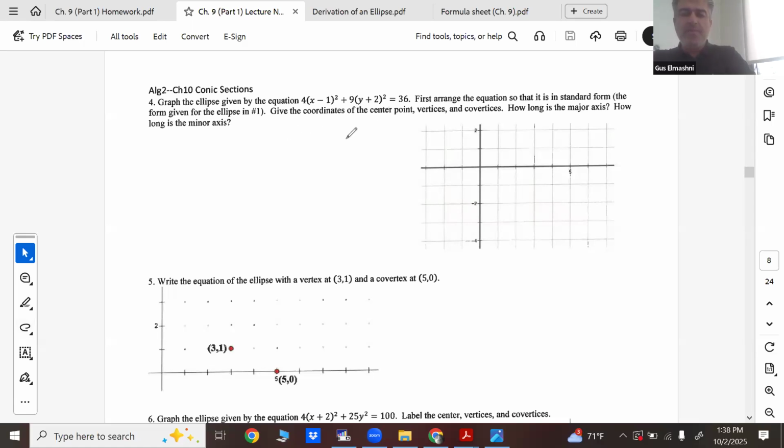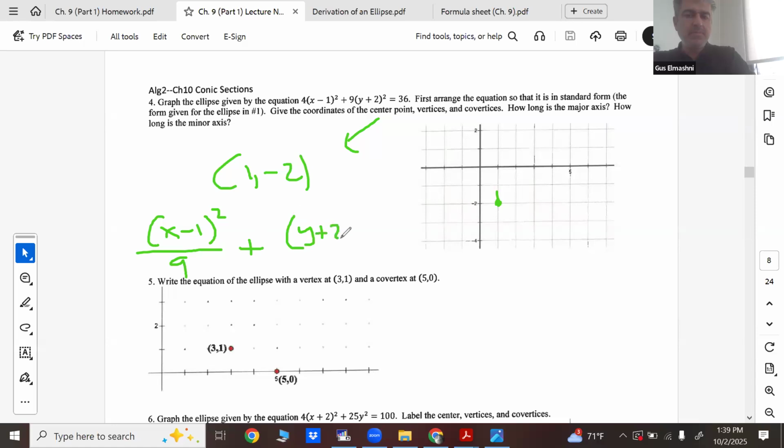So my center is going to be 1, negative 2. That's pretty obvious, hopefully. And if I were to divide both sides by 36... Why did I divide both sides by 36? Yeah, that way you can figure out what A and B are.